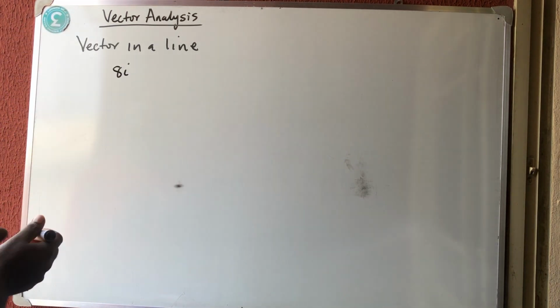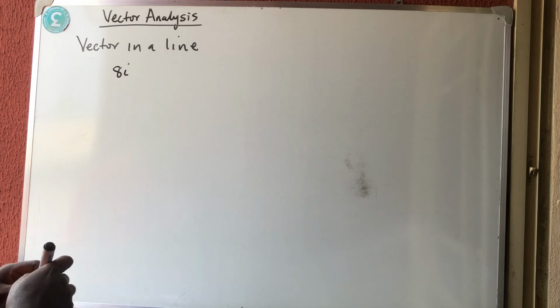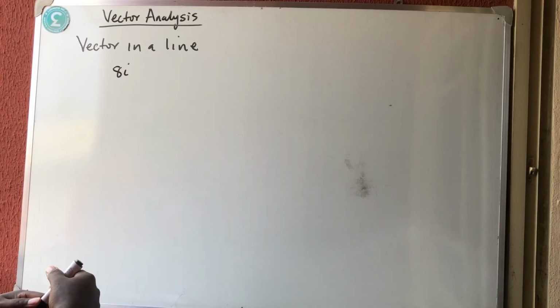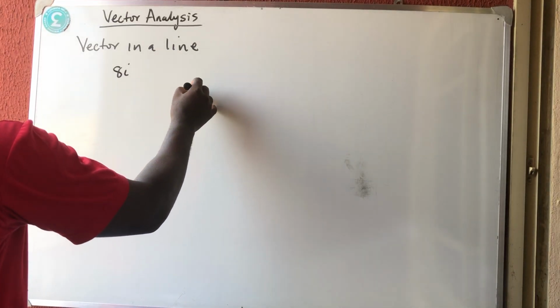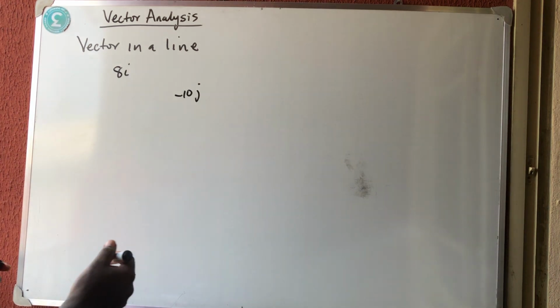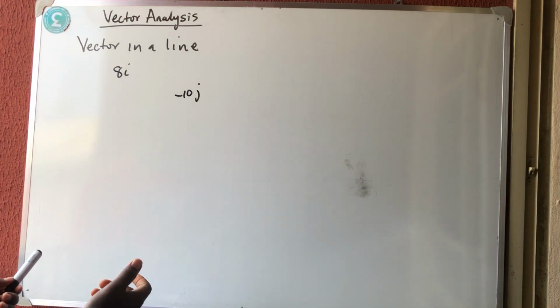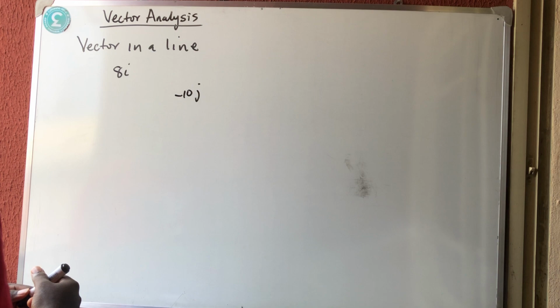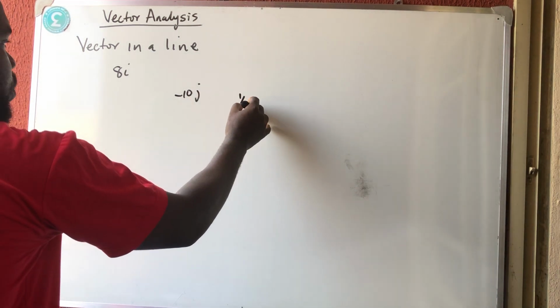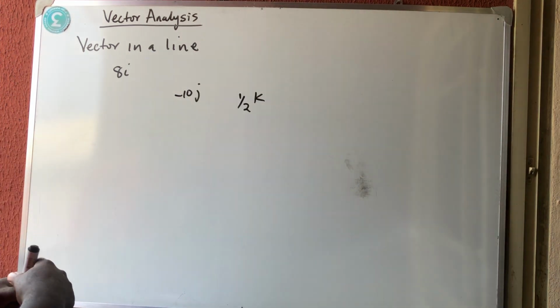That's all. If a vector has a magnitude of minus 10 on the y-axis, it's going to be minus 10 what? j. And if a vector has 1/2 along the z-axis, we say that is 1/2 what? k. As simple as that.